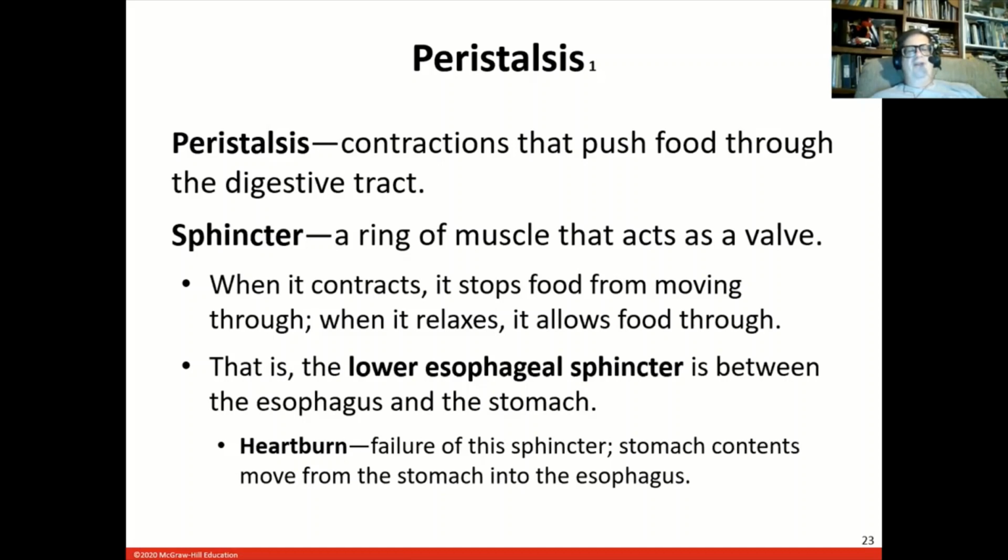And if you reflux, if you pass stomach acid up into the esophagus, past this little lower esophageal sphincter, it'll burn the esophagus. And that esophagus is about the same level as the heart. That's why they call the pain of the acid trying to digest your esophagus heartburn. It doesn't actually involve your heart.